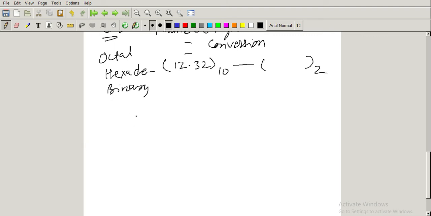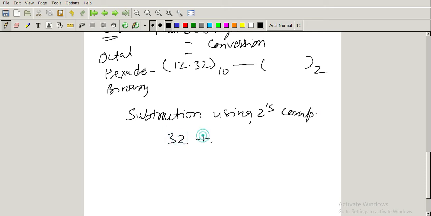Then we have subtraction using 2's complement, which is another important topic. In the exam they are going to ask you like this: 32 plus minus 46. Another question is minus 32 plus minus 40.